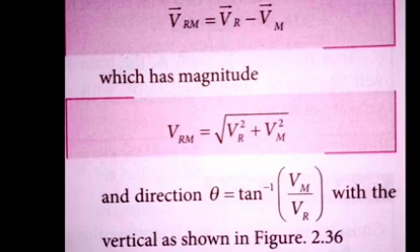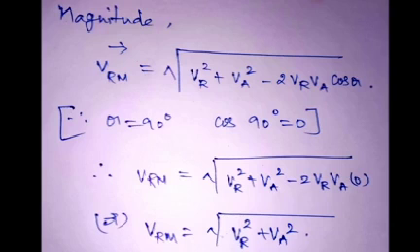So next we are going to calculate the magnitude. See the derivation. For calculating the magnitude, we know the formula from the addition of vectors. Vrm equal to square root of Vr square plus Vm square minus 2 Vr Vm cos theta. Here Vm and Vr are making an angle of 90 degree, therefore theta equal to 90.